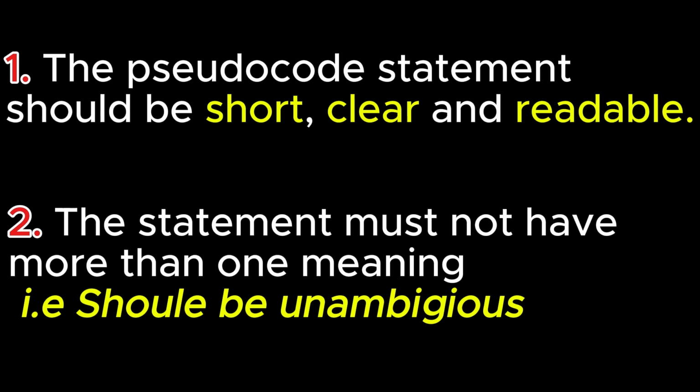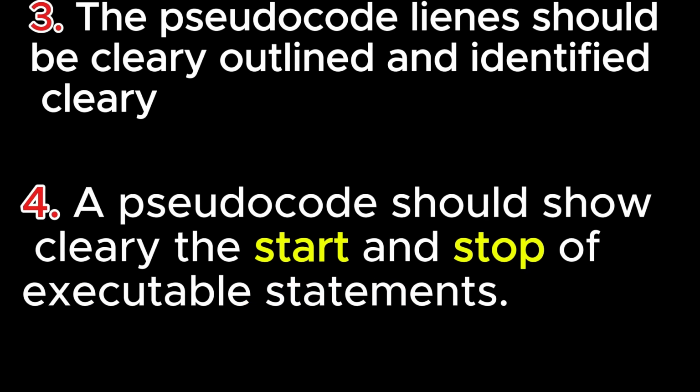Second rule, a statement must not have more than one meaning, it should not be ambiguous, because if you use a statement that can mean different things, it can cause confusion for readers or programmers. The third one is that pseudocode lines should be clearly outlined and identified. You have to outline, don't write it as a sentence.